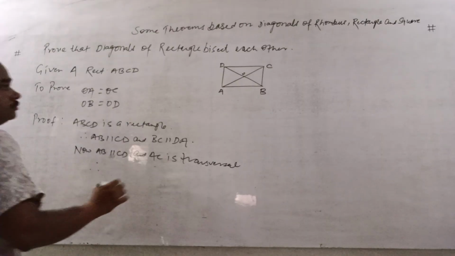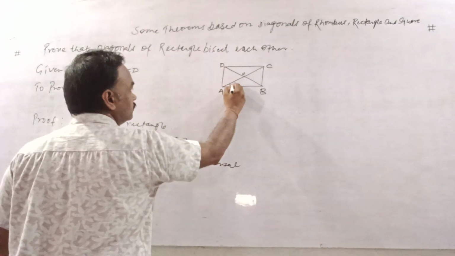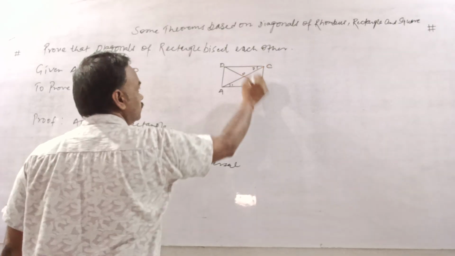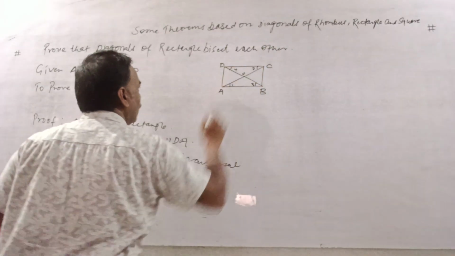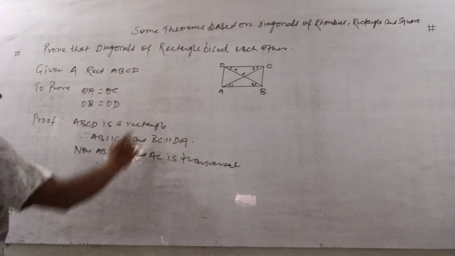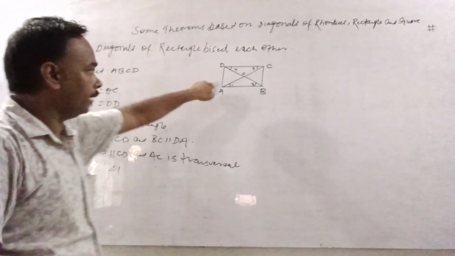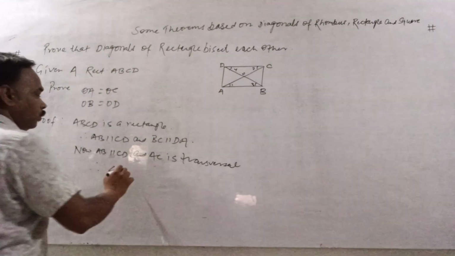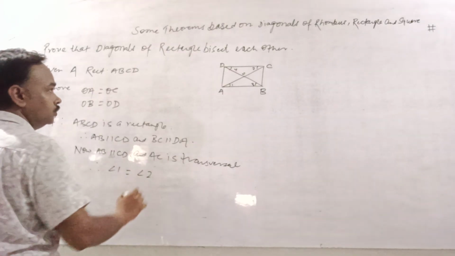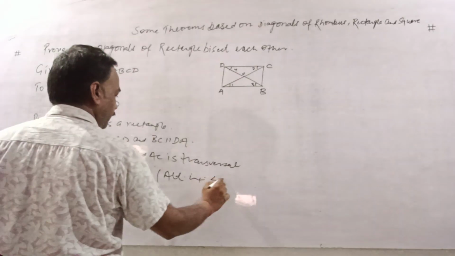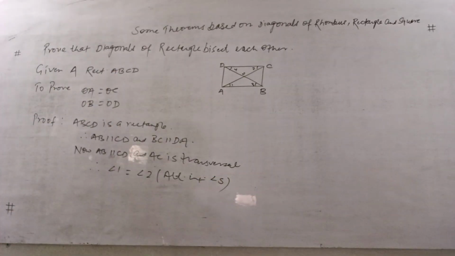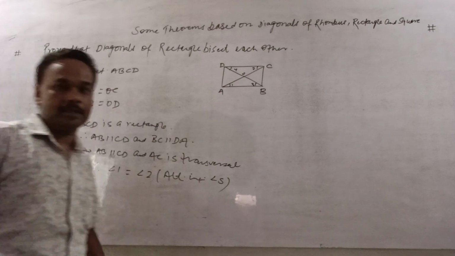Therefore, angle 1, angle OAB, is equal to angle 2, alternate interior angles. Clear? Because AB is parallel to CD and AC is transversal.